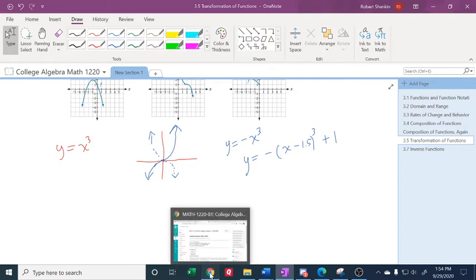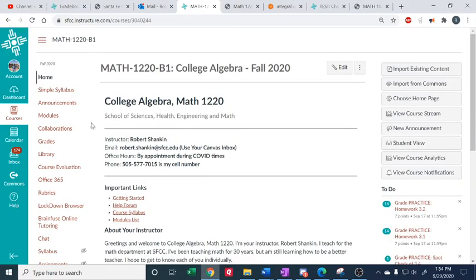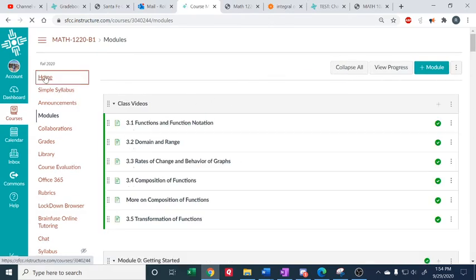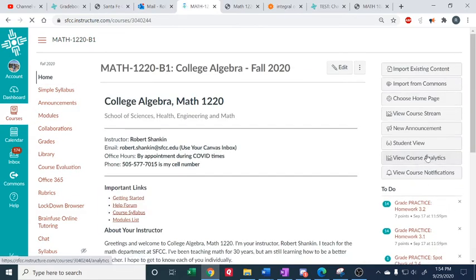If you go into the modules, let's go back to the student view.